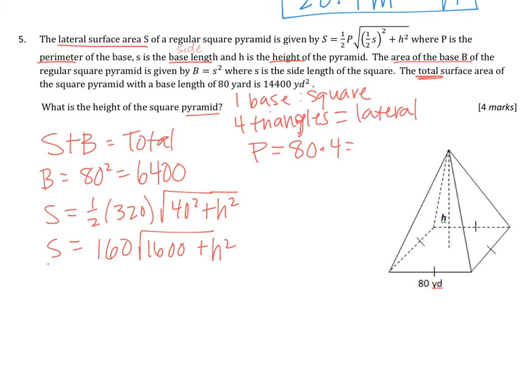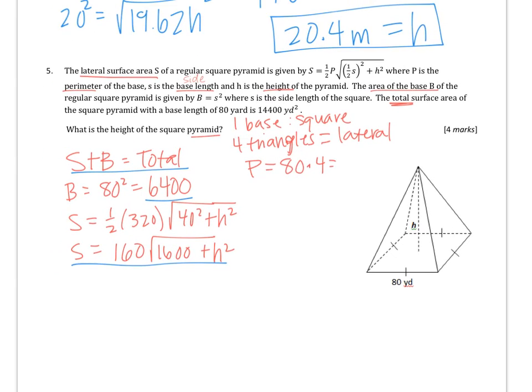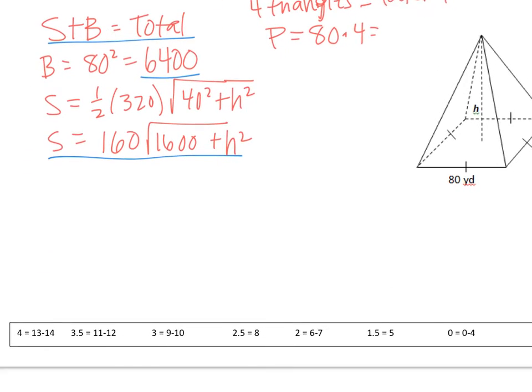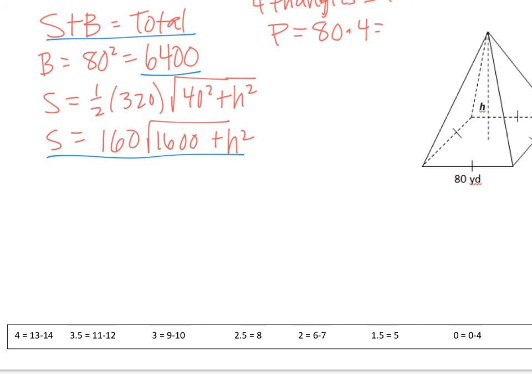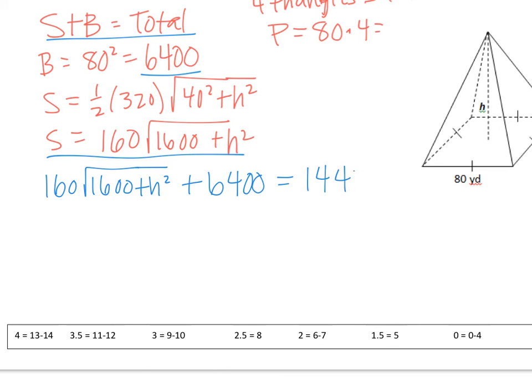So this formula is S. This is B. So we add those together for the total. So we've got 160 square root 1,600 plus h squared plus 6,400 equals 14,400.